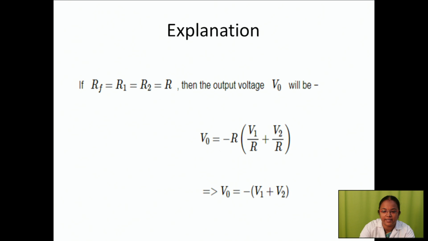If all the resistances R1, R2, RF have the same value, the output voltage V0 equals minus of (V1 plus V2). So the adder circuit provides the summation of the input voltages V1 and V2. The minus sign indicates there is a phase shift between input and output. Since it is an inverting summing amplifier, it provides a 180-degree phase shift between input and output.